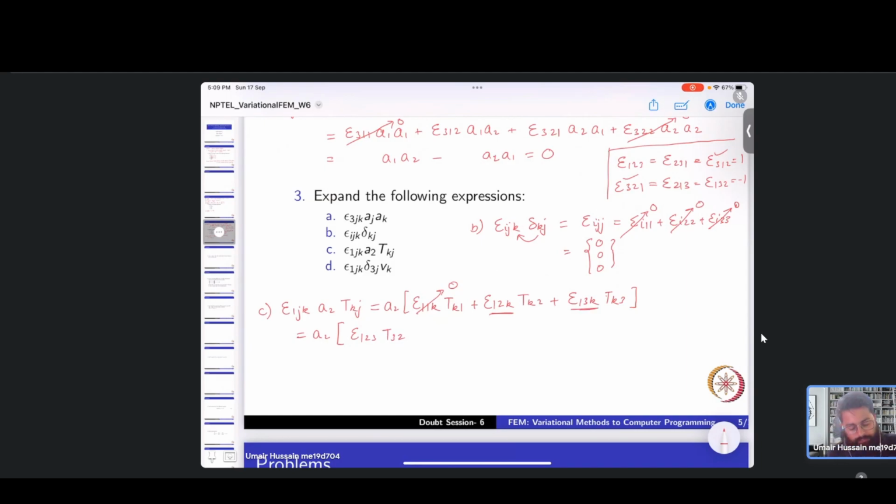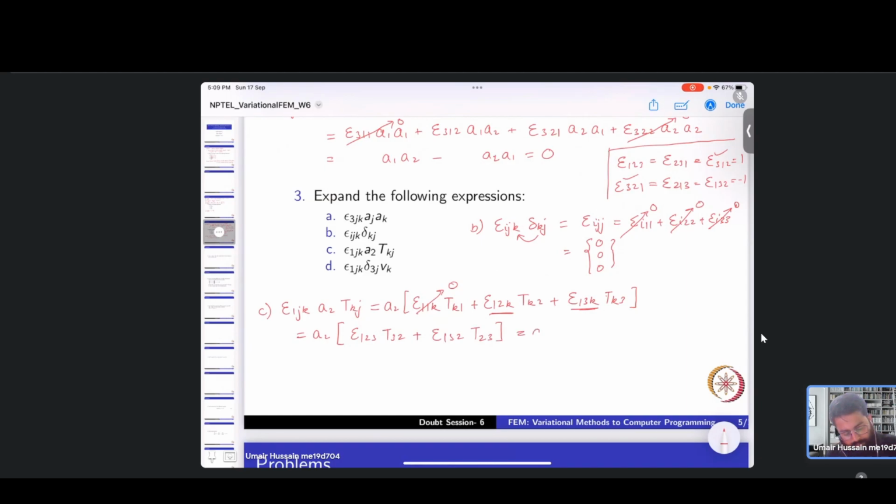Similarly, for this term, k equals 1 and k equals 3 will give us a 0 value. So we can just write it as epsilon 1 3 2 t23. So we're left with these terms, and epsilon 1 2 3 is 1, and epsilon 1 3 2 is minus 1.